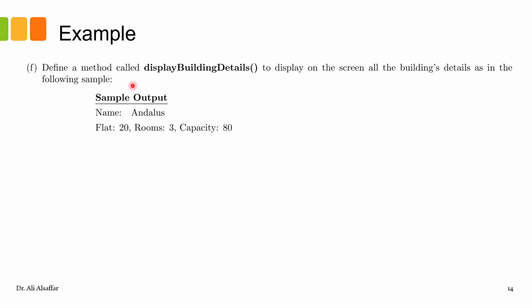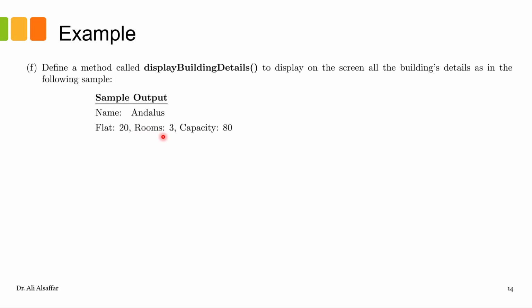Let us see what this method is printing. First, it is printing a title. You can just simply use println between double quotation marks name, but Andalus is the value that is stored inside the data member name. And flat is a title. 20 is the data value stored inside flats.